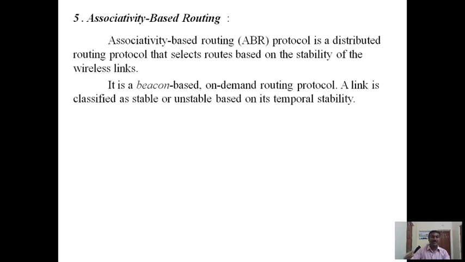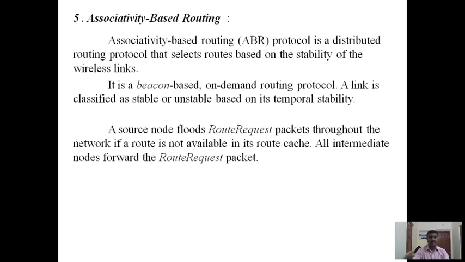A link is classified as stable or unstable based on its temporal stability. The source node floods route request packets throughout the network. If a route is not available in its route cache, all intermediate nodes forward the route request packets.